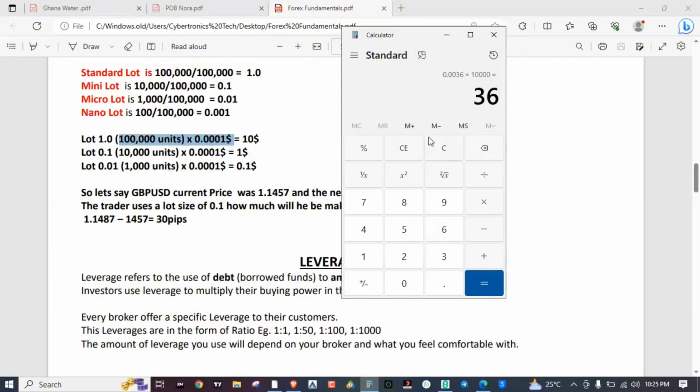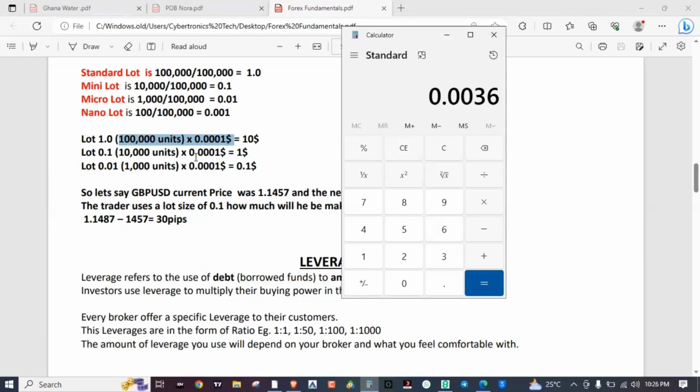Okay, so another person, let's calculate for micro. Micro is still 36. So here are 3 people. Now we're entering the ladies' side. This one is for Ajo. There is a reason people go for the micro lot size. Maybe your capital is from $10 to $100.